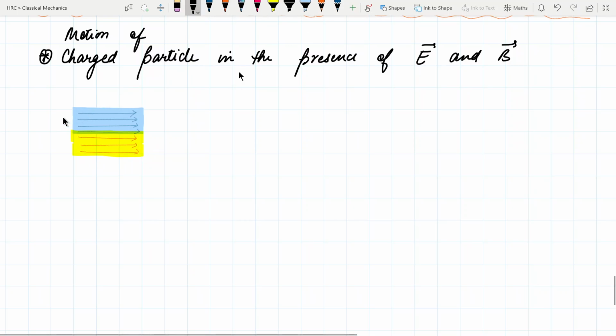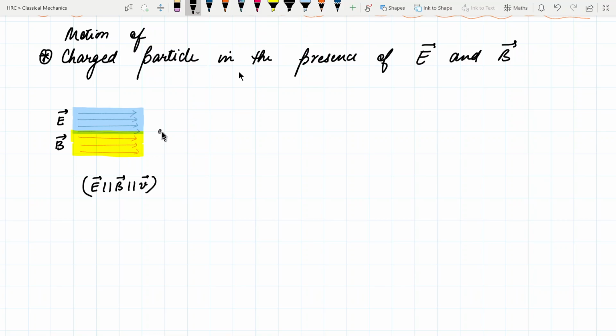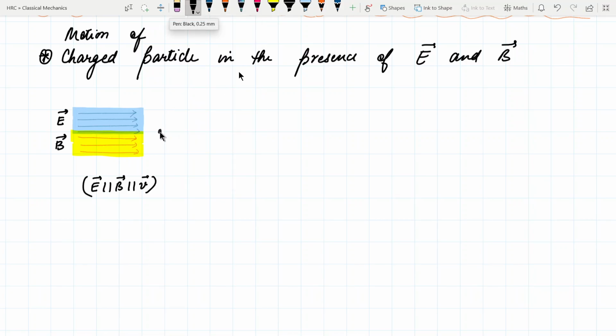So this is E and this is B, and E is parallel to B is parallel to the velocity of the particle. So the particle is, let's suppose, moving in this direction with a velocity v0. What is going to be the nature of trajectory in this particular situation? First case, case 1.